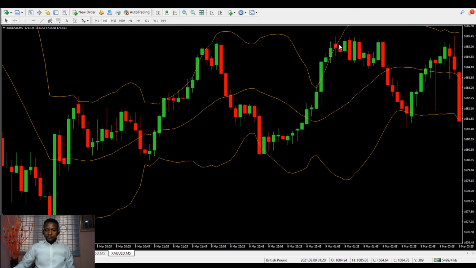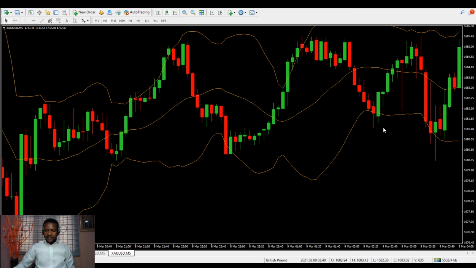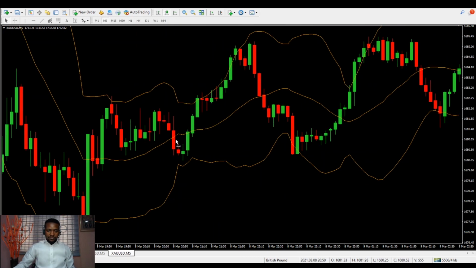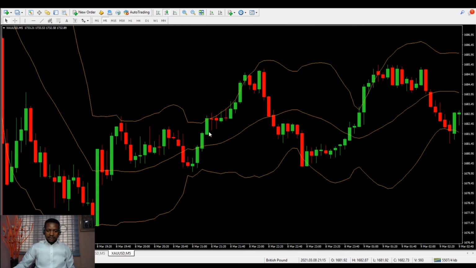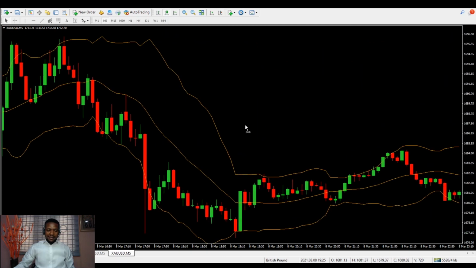Price rallied up. Another one here again. Price closed outside, the new one closed inside, it went up. Same thing here. Price rallied up, then a new candle closed inside facing the opposite direction. Then what happened? It came down. So that is how to trade the Bollinger Band bounce, but make sure you apply it with other indicators.